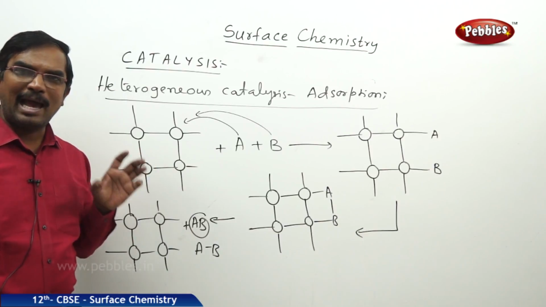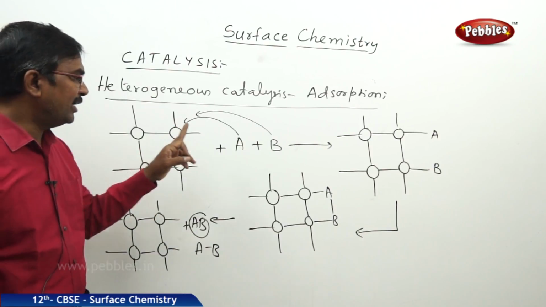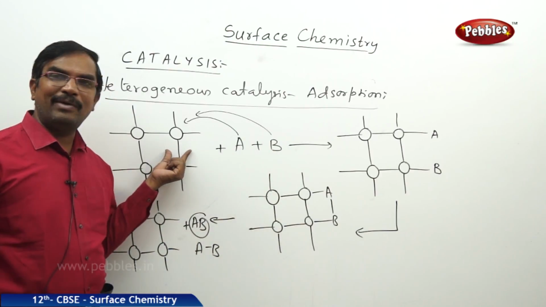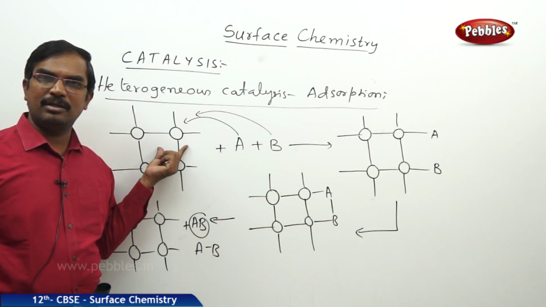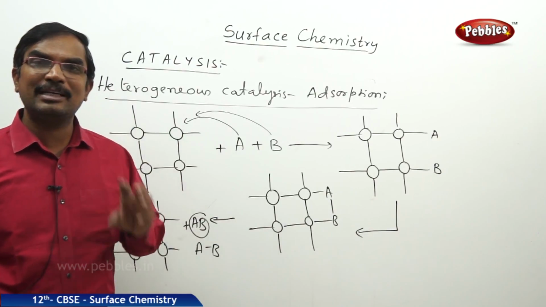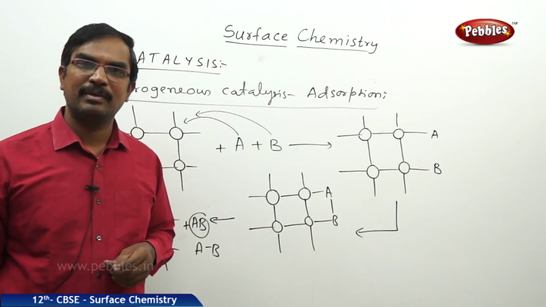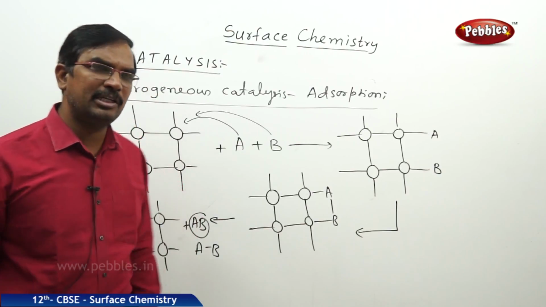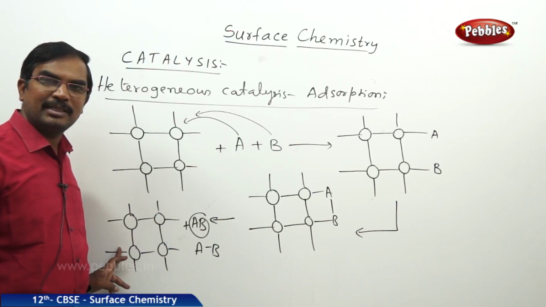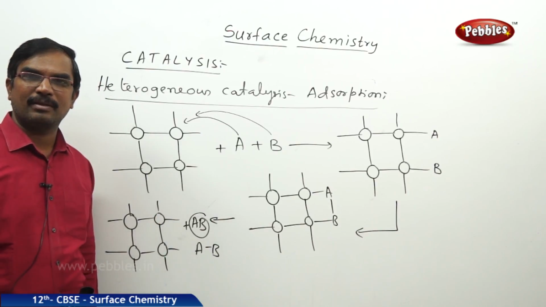In order for all these cases to happen, there should definitely be interaction between the reactants and the vacant valencies of the solid. And a very important thing is that this interaction should not be too strong. If it is very strong, it is very difficult to remove AB from the solid surface, the catalyst surface.